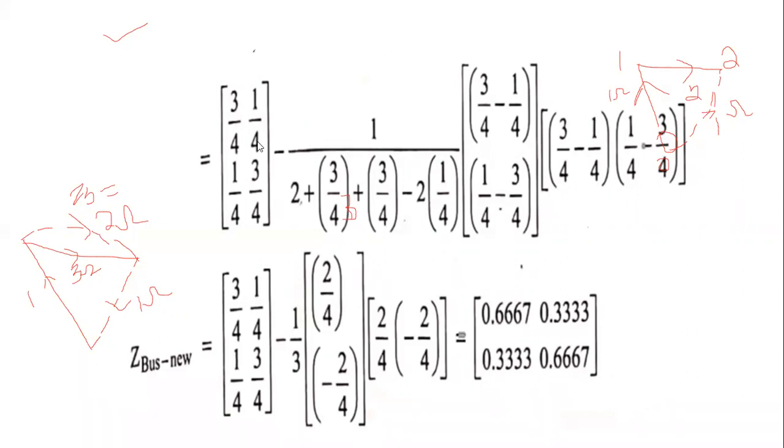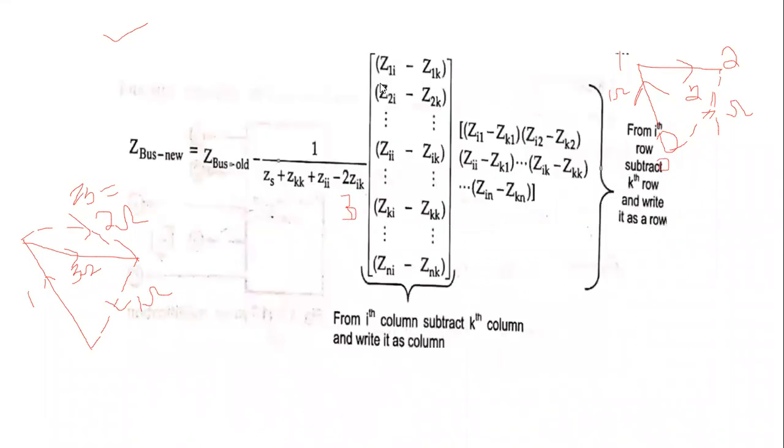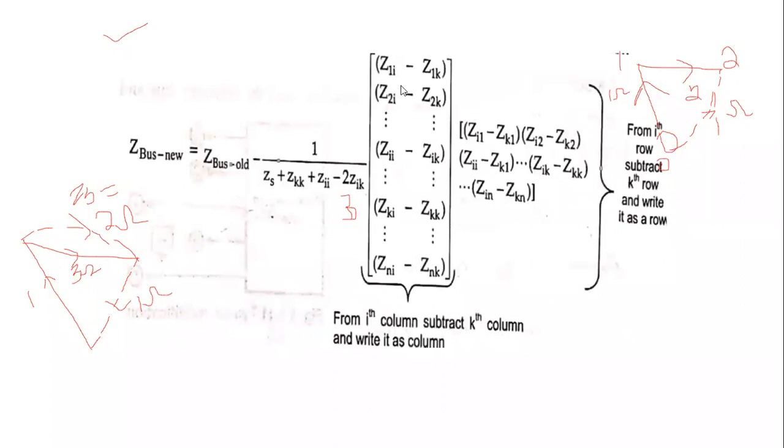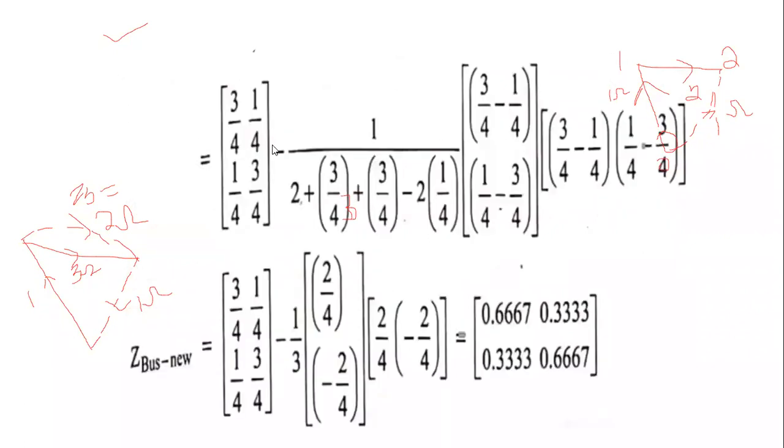This is the mutual and this is the self. Then 1 by 4 into Z1I, and Z1I is 3 by 4, minus Z1K. Therefore Z1K is 1 by 4.